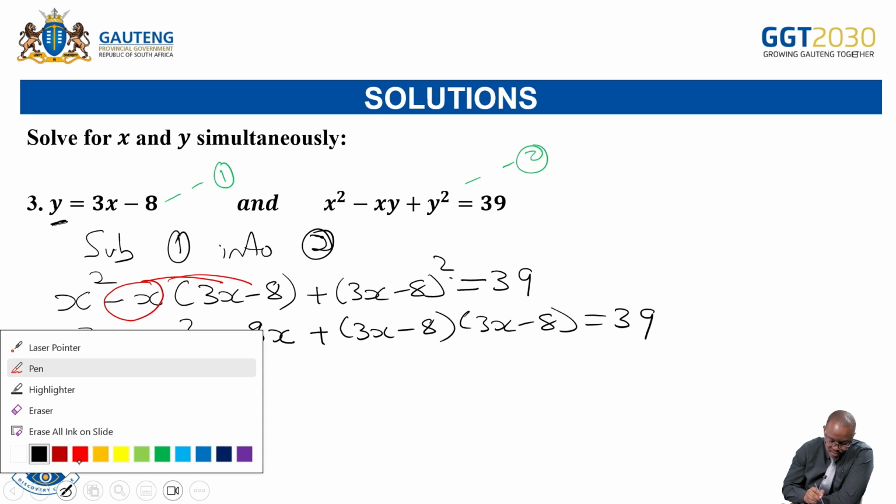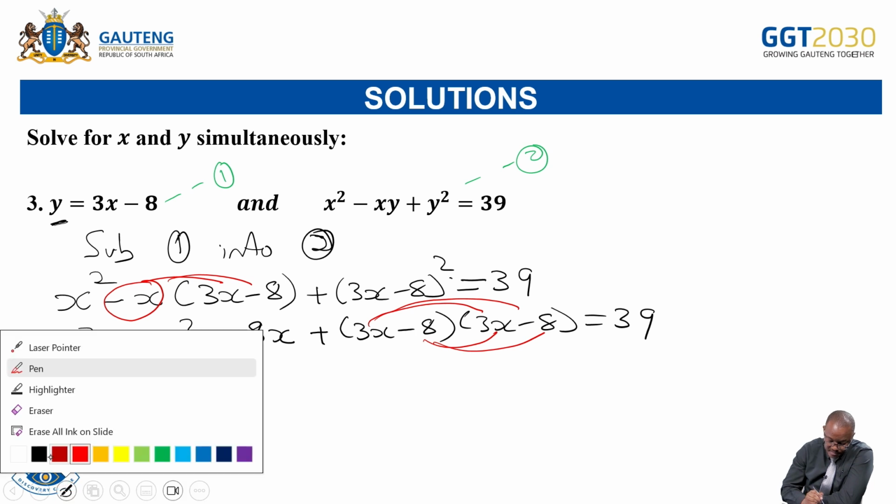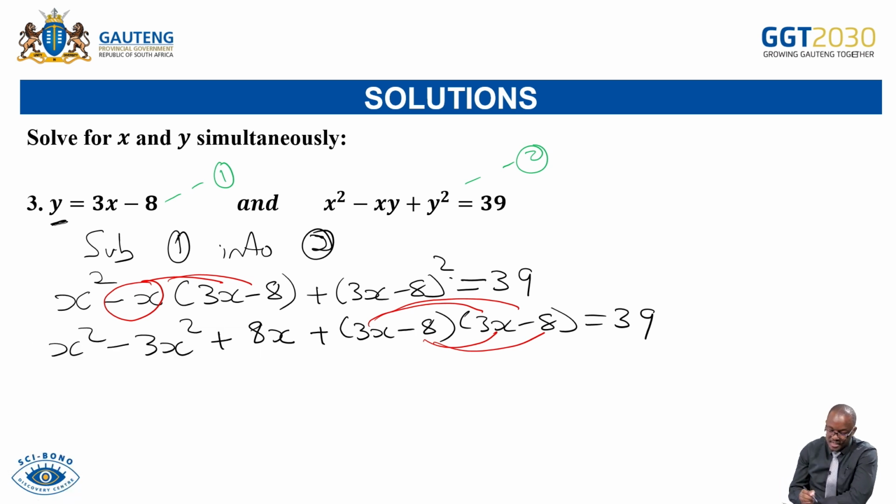Then what do we do here? We now remove the bracket. We use the FOIL method. Then now we can start adding the like terms. X squared and minus 3x squared is minus 2x squared plus 8x, right? Then 3 multiplied by 3x, there we're going to have plus 9x squared.